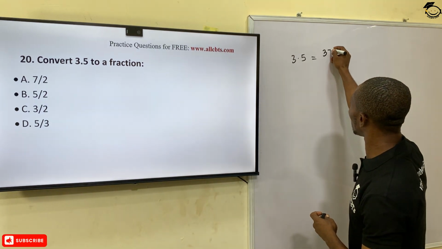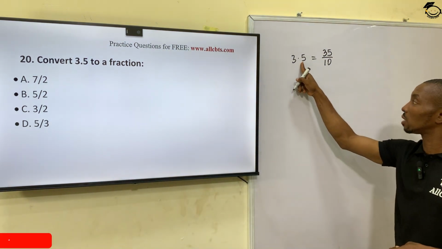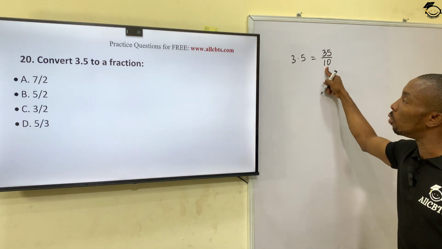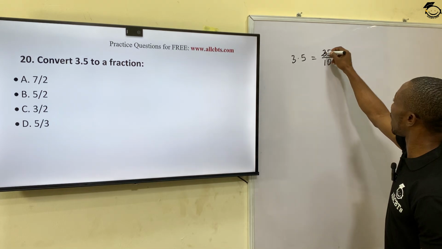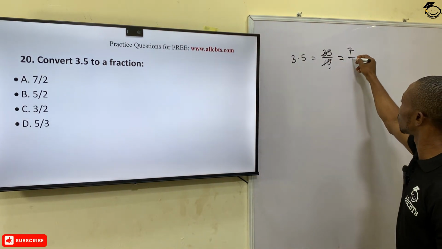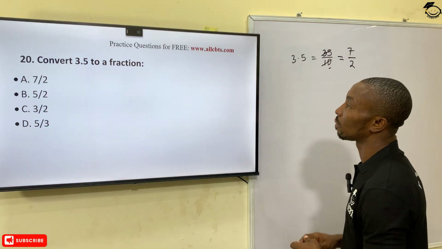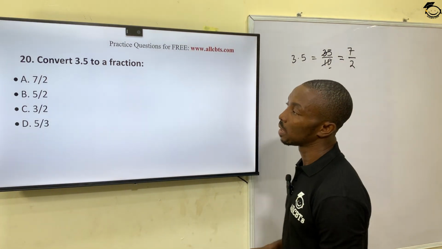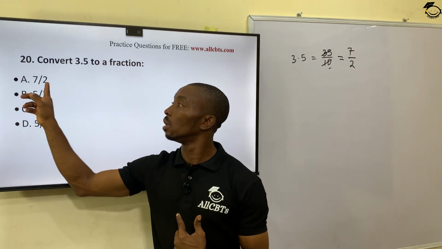So this becomes 35 over 10. Because we have one digit after our decimal, we have 1 0 below. Now breaking this down, 5 into 35 gives us 7, and 5 into 10 gives us 2. So 3.5 converted to a fraction will be 7 over 2, which is our option A.